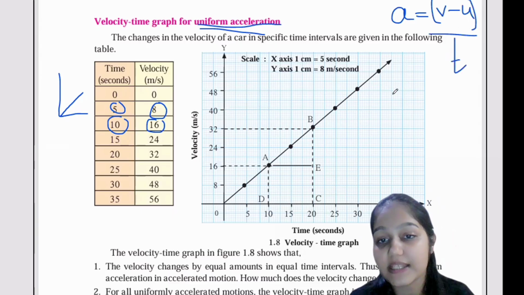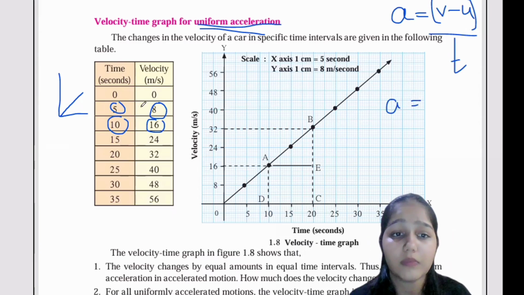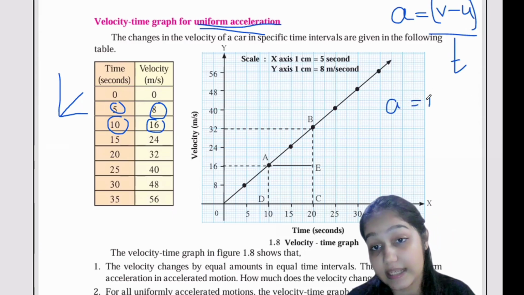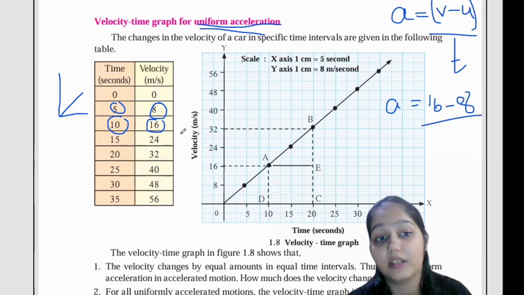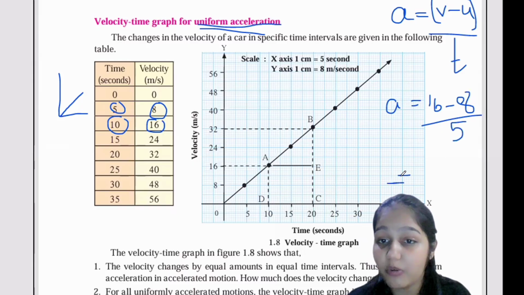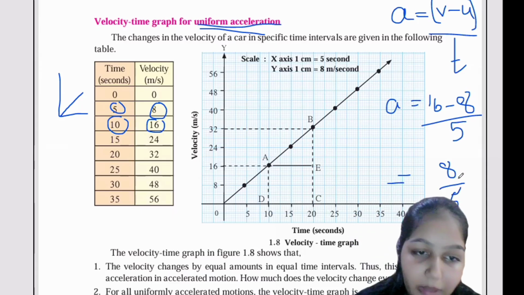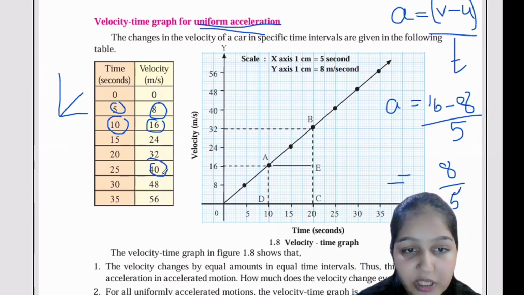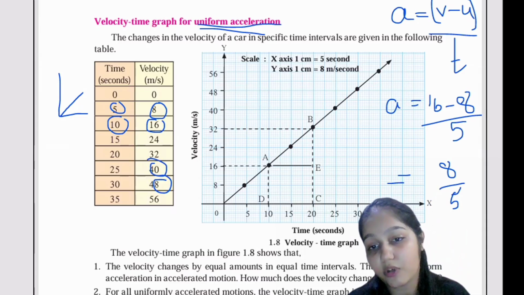So a is equal to 16 minus 8 upon 5 minus 10 is 5. That is 8 upon 5. Let me take it for this one, 40 and 48.